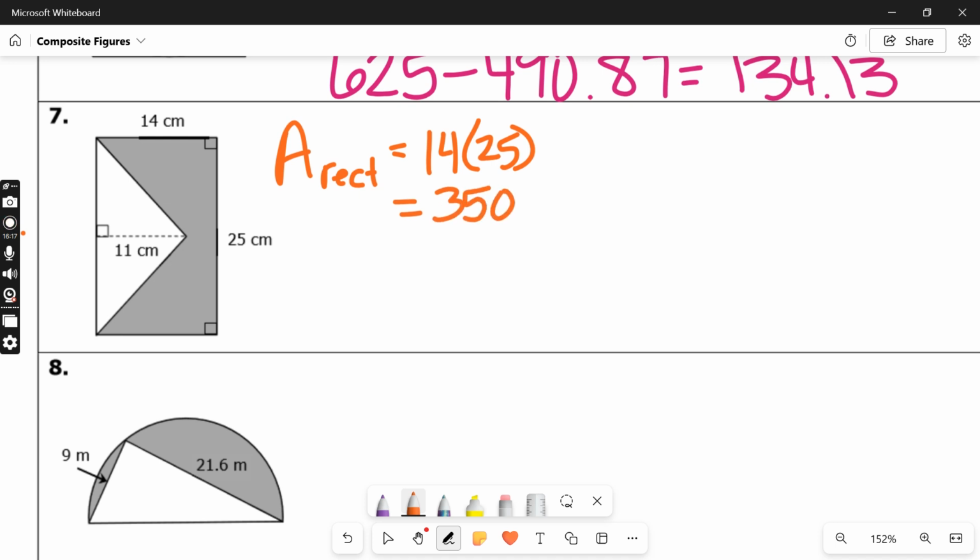And then I'm going to find the area of that triangle. Area of a triangle is 1/2 base times height. So this is my base, which is 25. And the height is at that right angle, at 11.